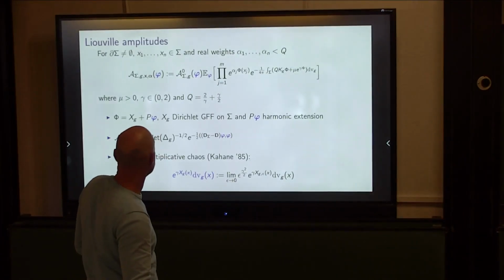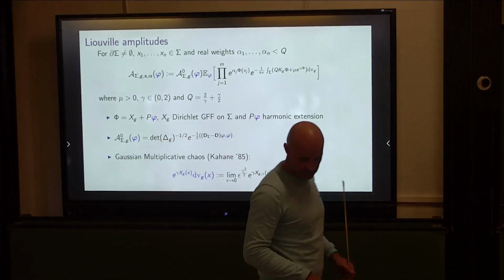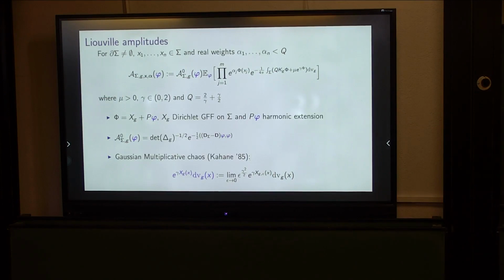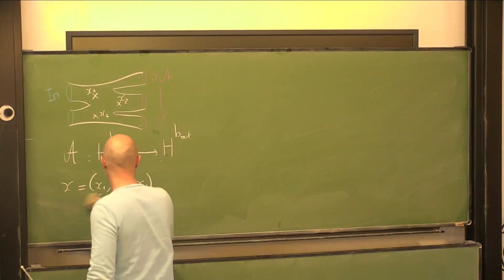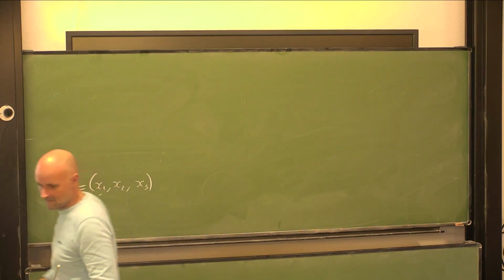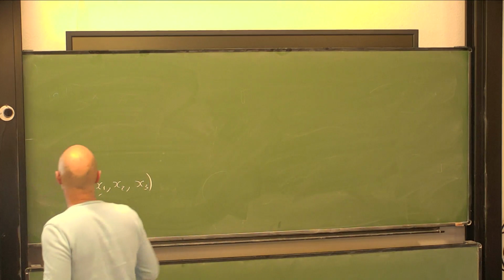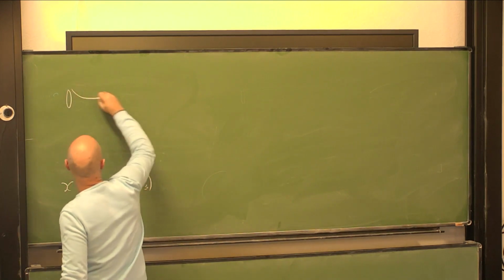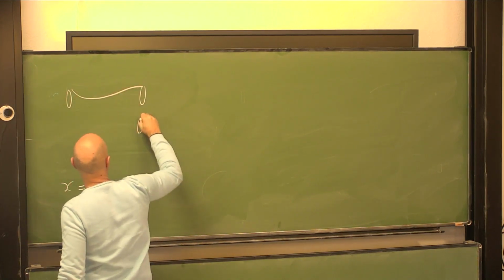So now the amplitude. I have the Hilbert space, and I now have to define the amplitude. So you have a surface that might look like this.